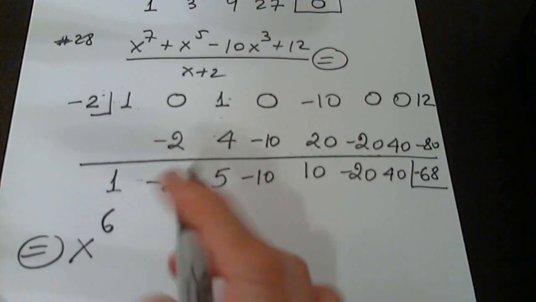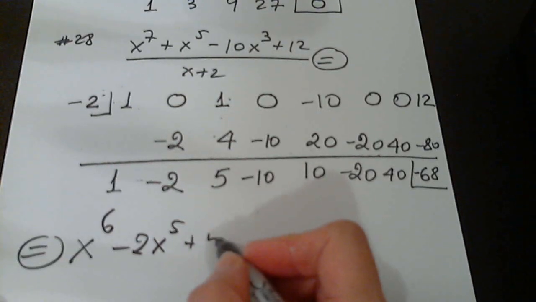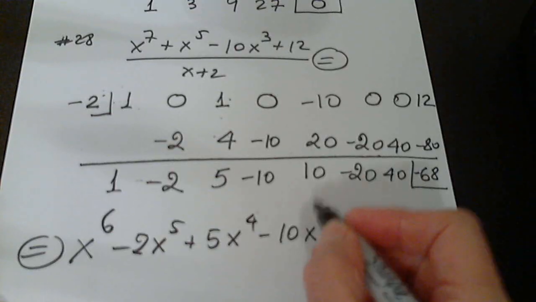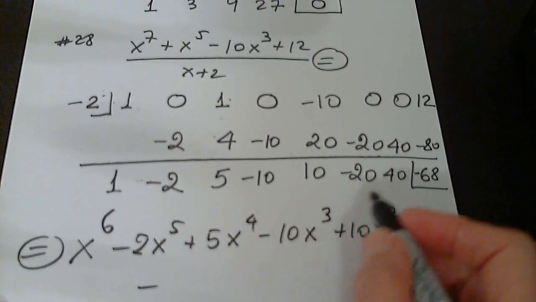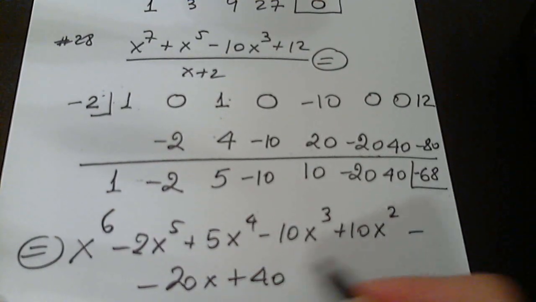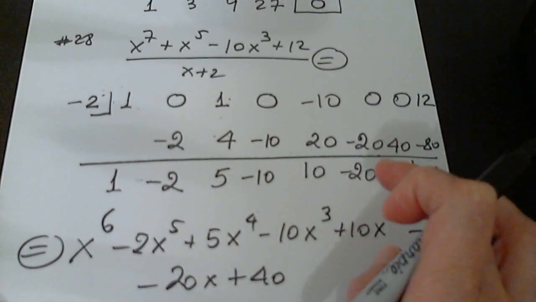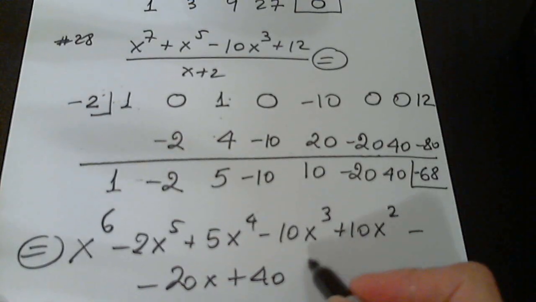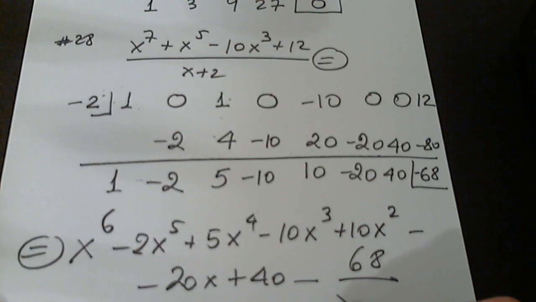Indeed, this one, minus 2x to the 5th, plus 5x to the 4th, minus 10x to the 3rd, plus 10x squared, minus 20x, plus 40. Degree 6, 5, 4, 3, 2, 1, no degree, minus 68 over x plus 2.